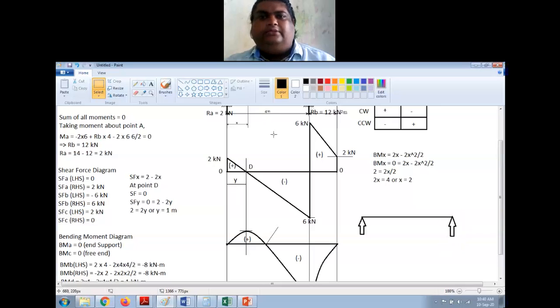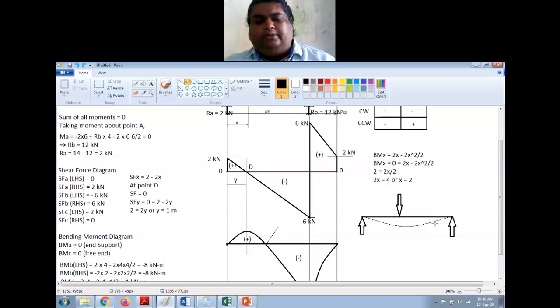I have support like this, and I'm applying some load. You apply any sort of load, the beam tends to bend like this, right? The beam tends to bend in this way.